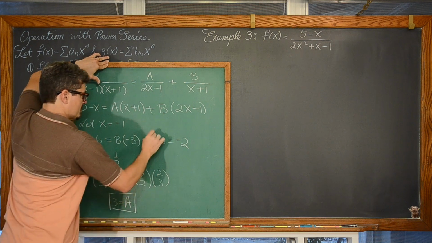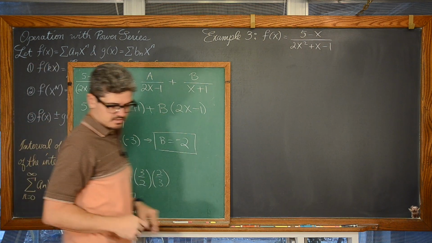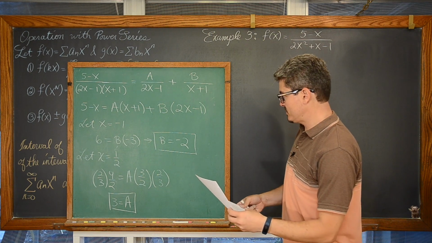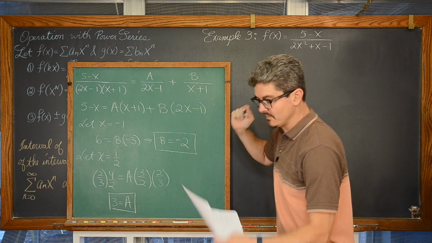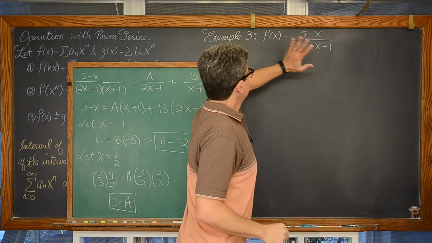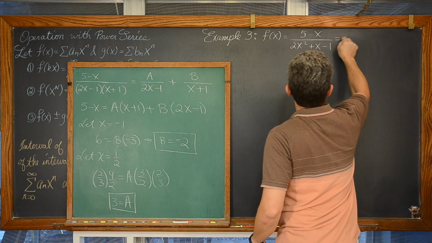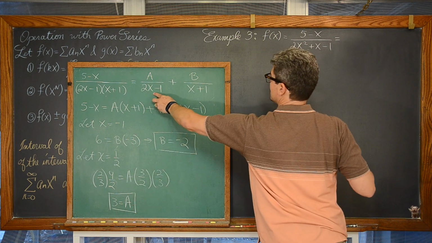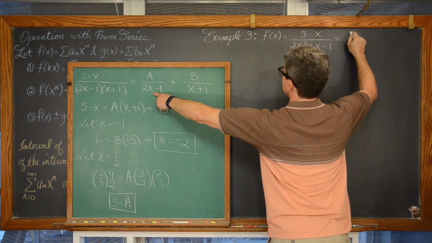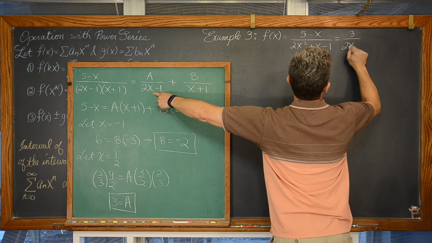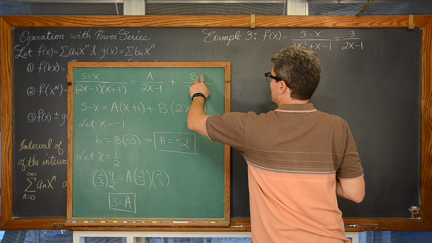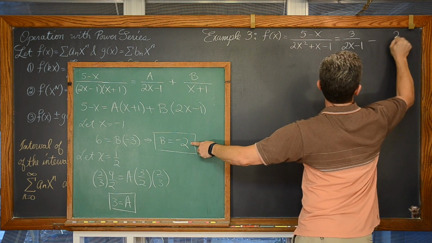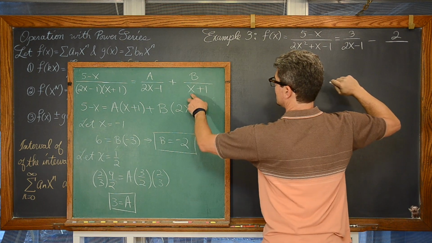And just so I don't do a nice long example with a careless sign error or something to that effect that I'm unfortunately very prone to do, we have b is negative 2, a is equal to 3. So this can now be rewritten as a, which is 3 over 2x minus 1, and b, which is negative 2, so really plus, but minus 2 over x plus 1.